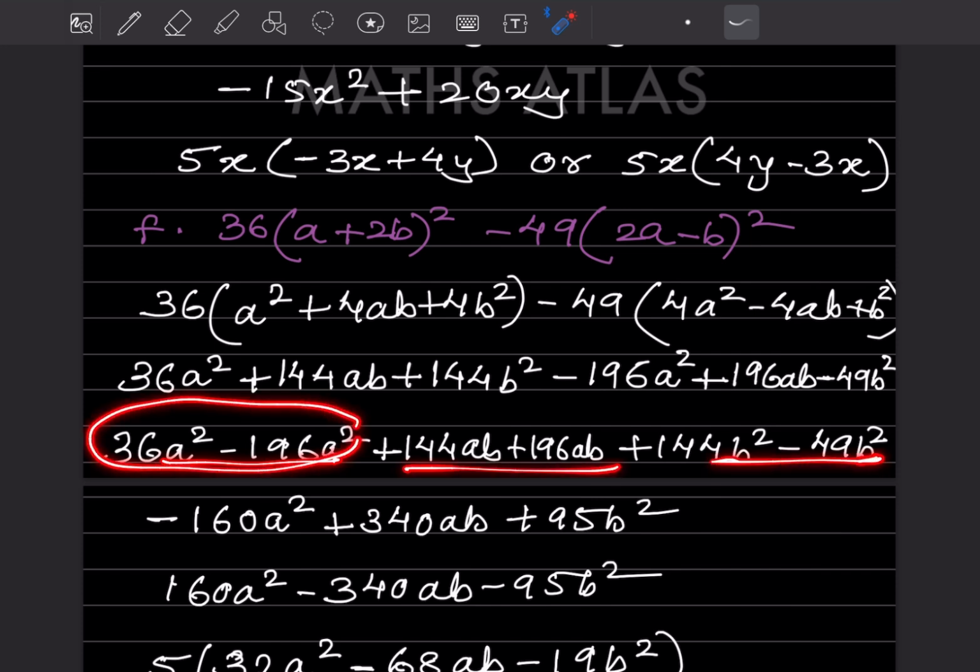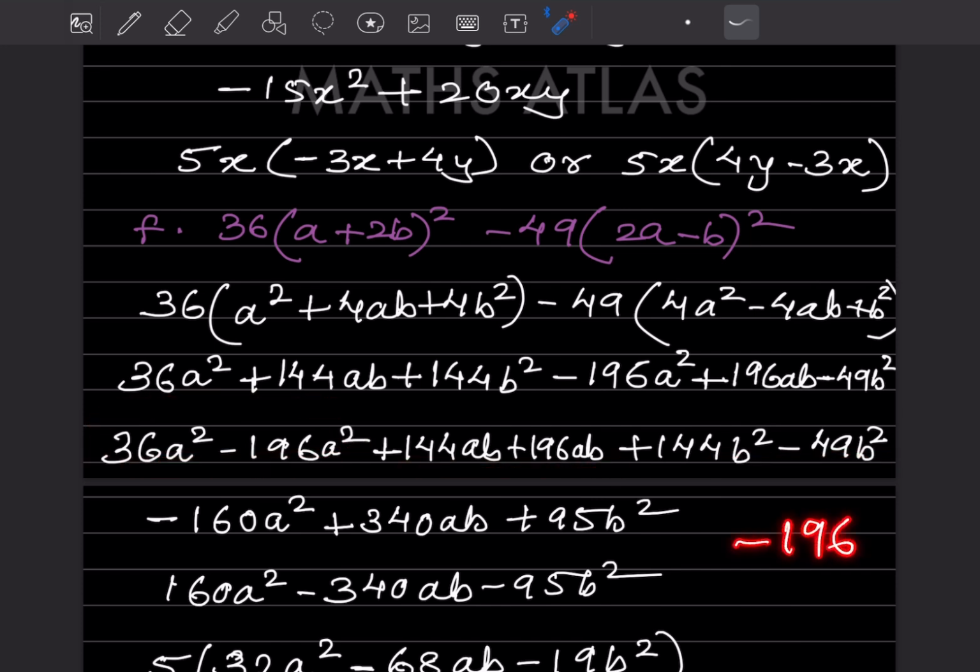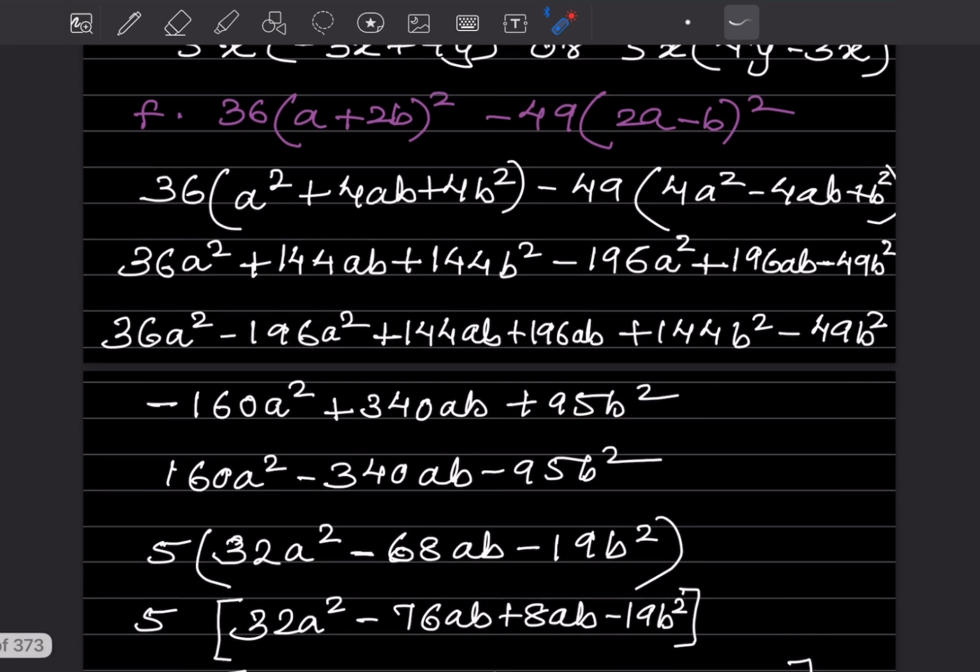So after solving this part, that is minus 196 plus 36, we get minus 160. These two together, that is going to be plus 340. These two together, that will be plus 144 minus 49, that is going to be plus 95b square.